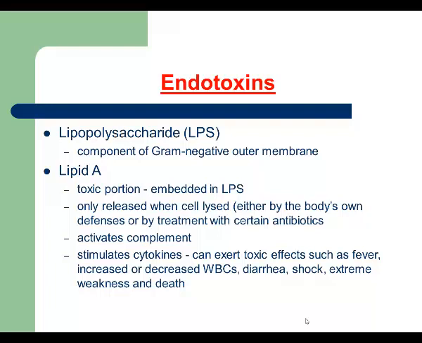What they can do is activate the complement system and stimulate inflammatory mediators. And as I told you, even though endotoxins are not as strong as exotoxins, if a lot of endotoxins are released in the bloodstream, they can actually cause toxic shock, collapse, and death.